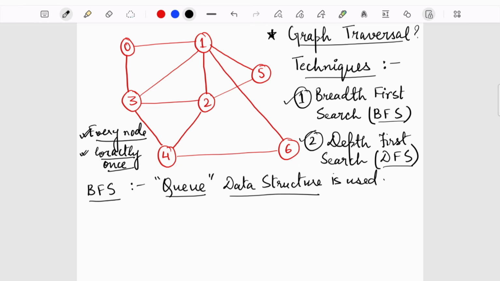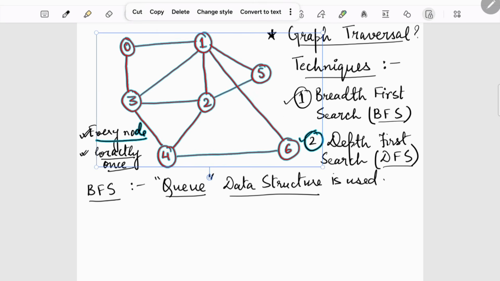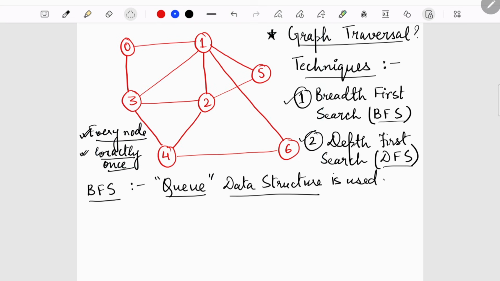Now if this is the given graph, you can see there is a graph in red. If I want to find out the BFS of this particular graph, then the first thing you have to keep in mind is that you are going to use a queue data structure. Now I'll show you.